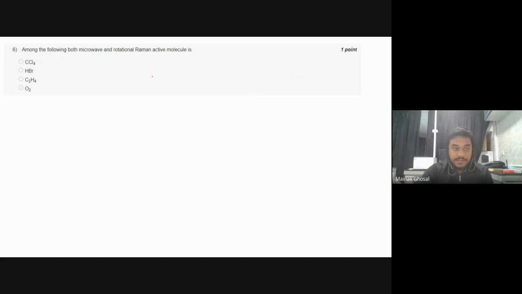Okay, so the next question is: among the following molecules, which is both microwave and rotational Raman active: CCl4, HBr, C2H4, or O2?